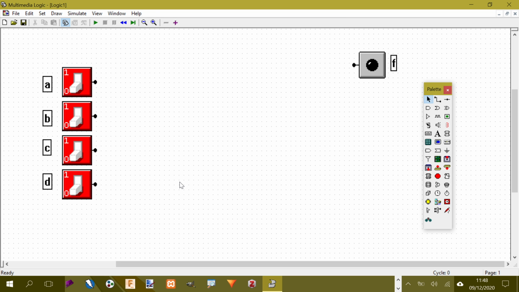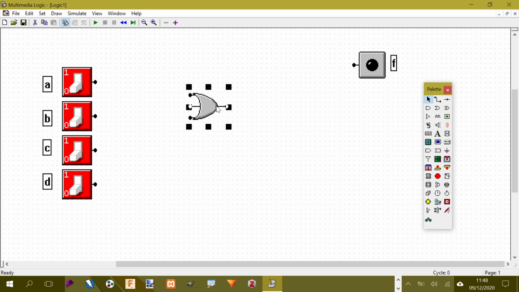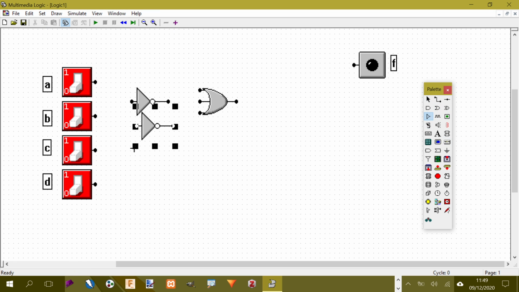Okay, so here we are in multimedia logic, and we need to build that circuit. So we had a 3 input OR gate, and we had some NOTs in there as well.